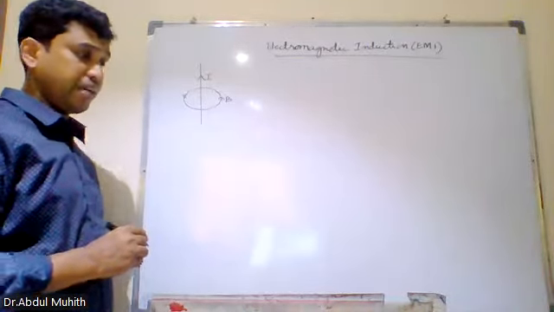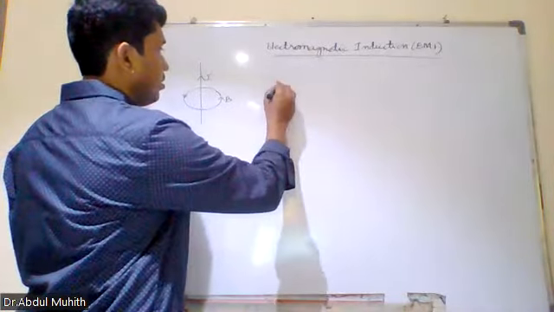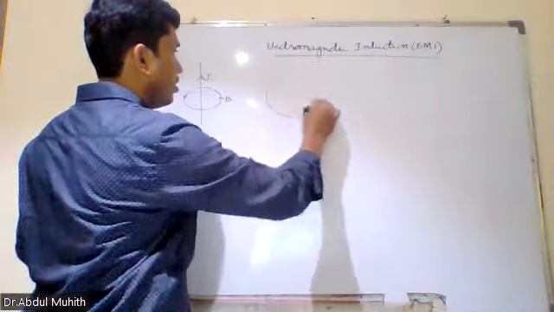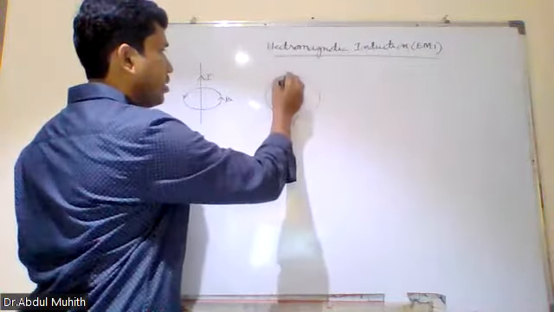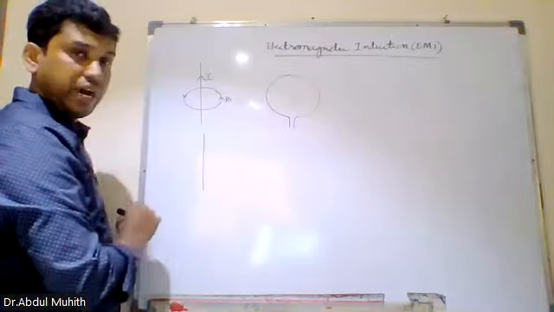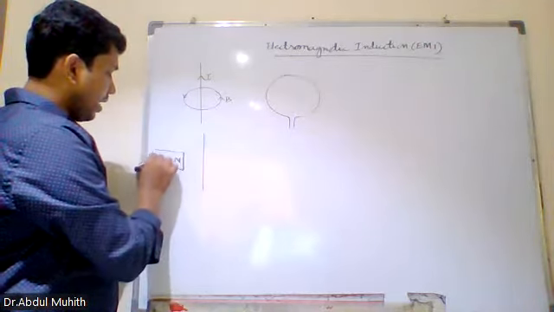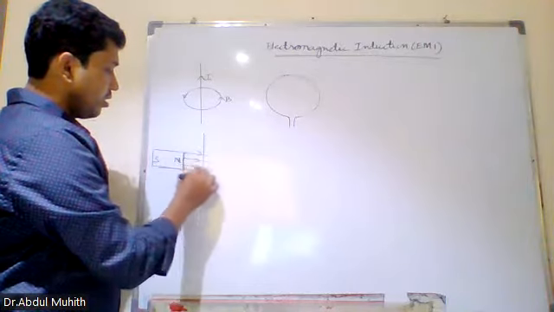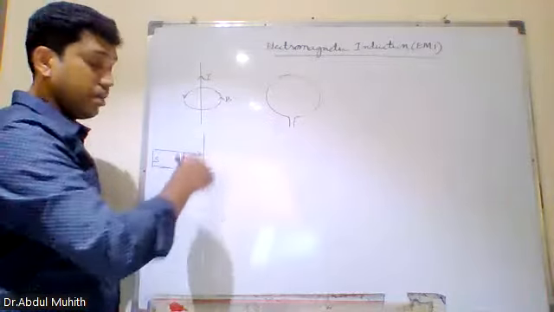But now Michael Faraday was doing an experiment on a loop, like this. There is no current in the loop. He took a magnet and kept this conductor in the presence of a magnetic field, and he wanted to see whether any current is induced.